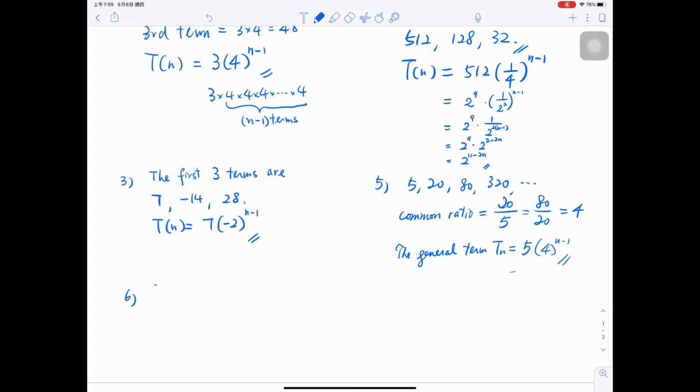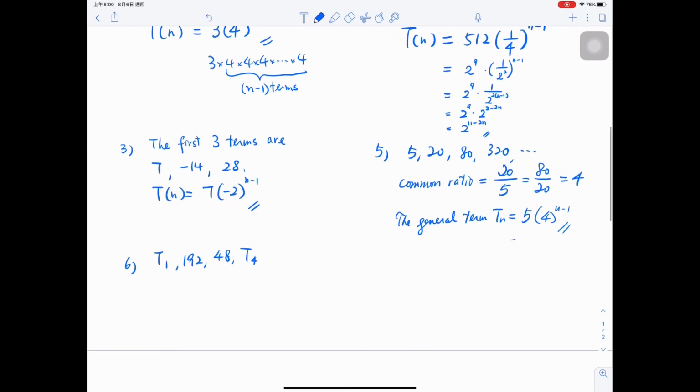Number 6. T1, 192, 48, and then T4. So what is the general term? This time you don't have the first term, so you need to find it also, but you need to find the common ratio first. What is the common ratio?